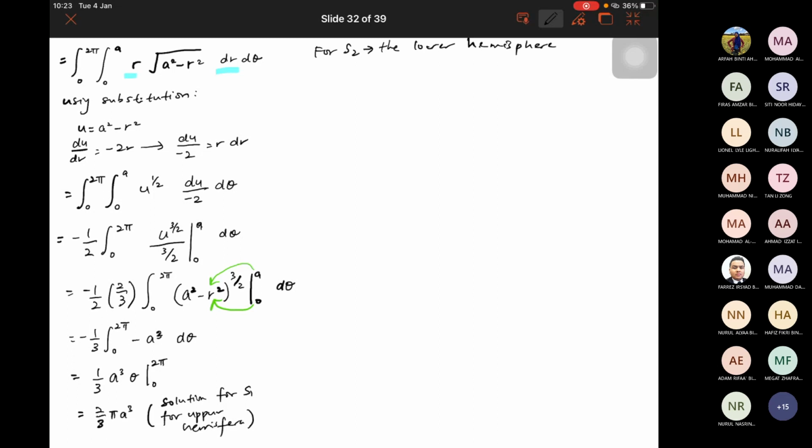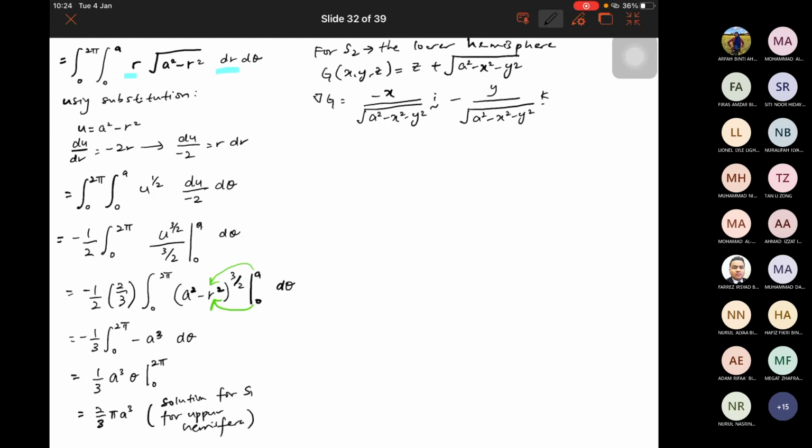Earlier we already got this, so it becomes simpler because we have found the unit normal vector. So delta G will be equal to negative x over square root of a squared minus x squared minus y squared i, minus y over square root of a squared minus x squared minus y squared j, plus k. Okay, we already found this from the previous question.